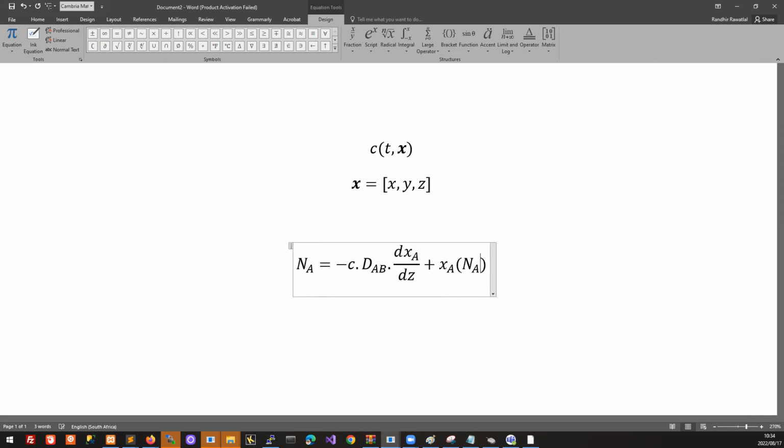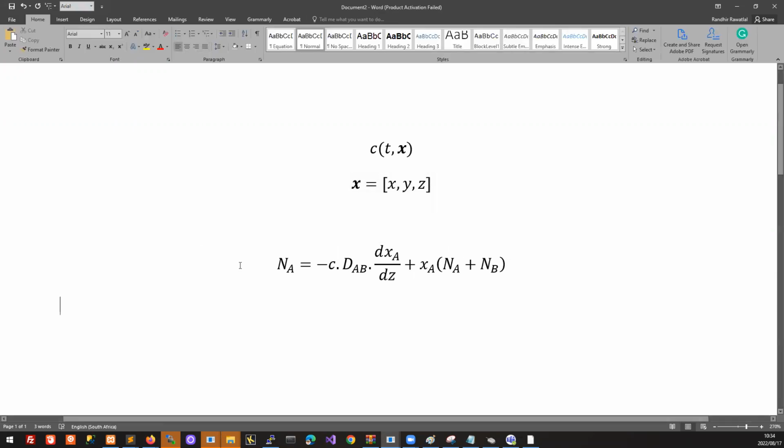So if you just talk your way through this expression, you'll see there's nothing to remember here. This is the only way this could be. So we want to use this flux expression to get an expression for the variation of concentration across the space.